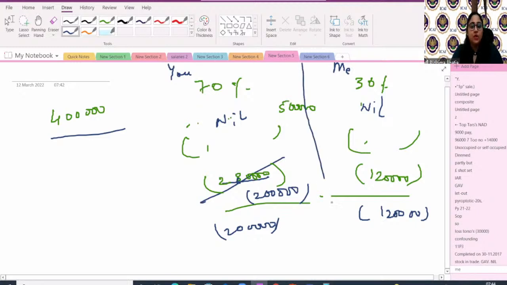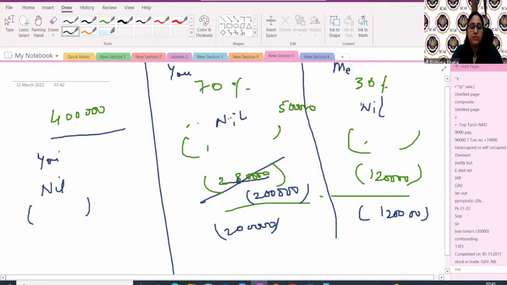So hence, when there is a co-owner, if this property had been solely owned by you, what would have happened? Nil annual value and the maximum interest deduction would be 2 lakhs, right? So the loss from house property would be 2 lakhs.